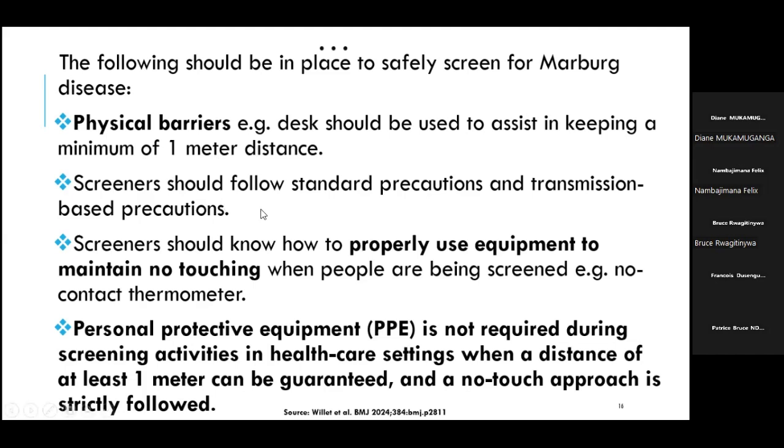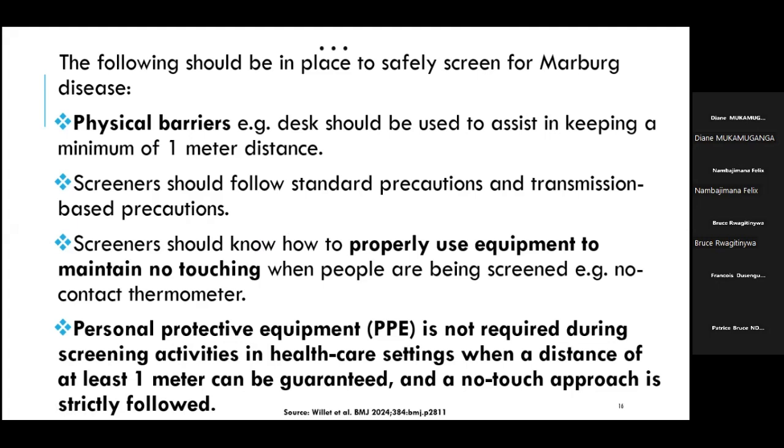So the screener must know what to look for. They must follow the case definition and they must protect themselves, specifically applying IPC standard precaution and transmission-based precaution. The screener must know how to use the equipment, for example, the thermometer, because it is the one which is going to help us to know the temperature.